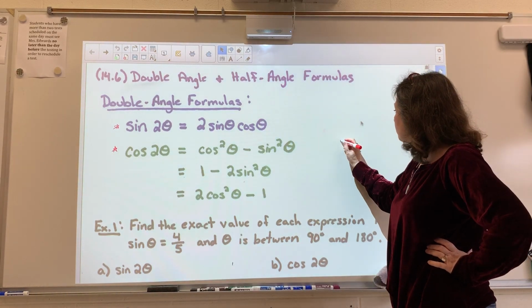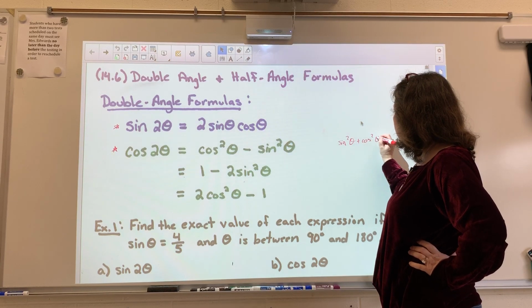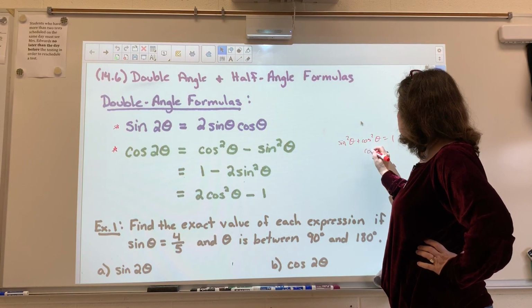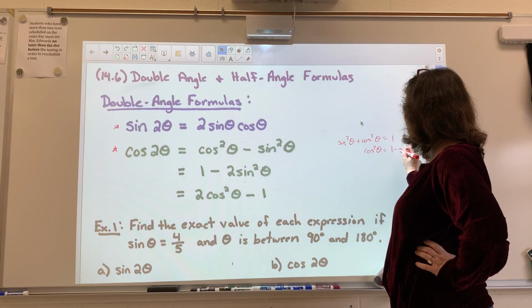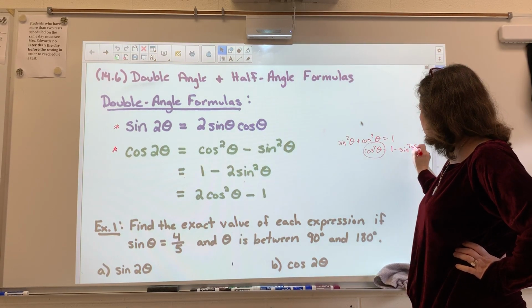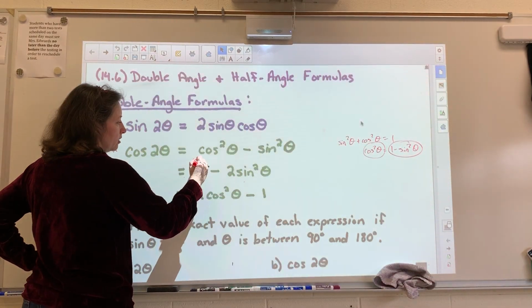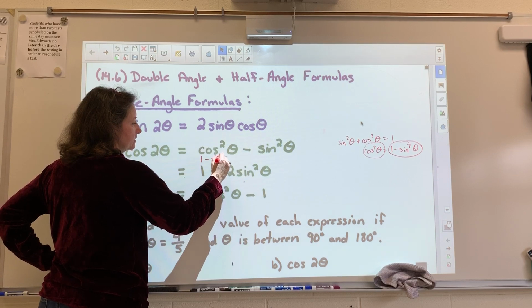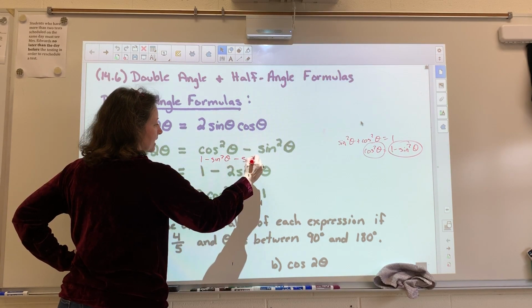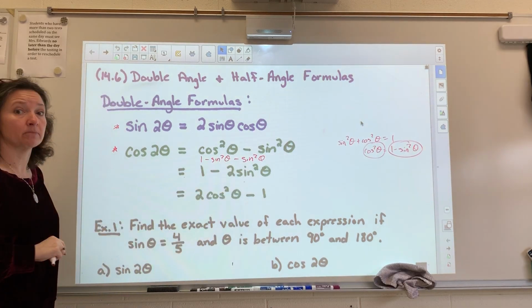Well, if you think back, the Pythagorean identity says sine squared plus cosine squared equals 1. So cosine squared would be equivalent to 1 minus sine squared. We can replace cosine squared with this. So if we replace cosine squared with 1 minus sine squared, that's where the 1 minus 2 sine squared comes from.